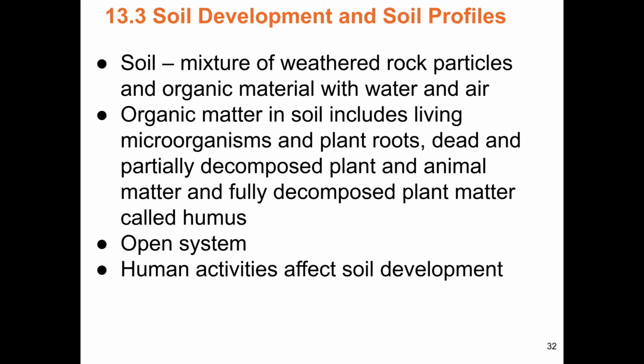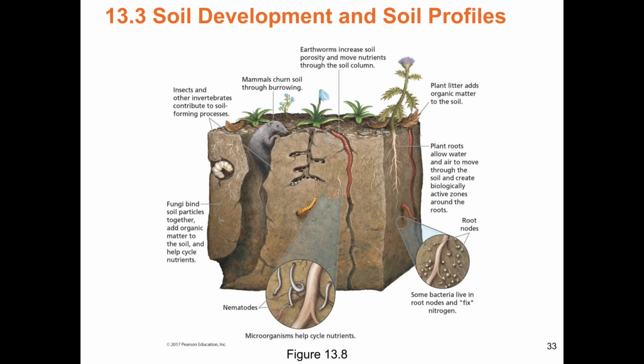It's an open system. Human activities affect soil development, usually in a bad way. So here we've got the role of microorganisms and macroorganisms. Animals that live in the soil churn it up through burrowing. Earthworms move through the soil. They actually eat soil. They just cruise around eating soil and pooping it out.